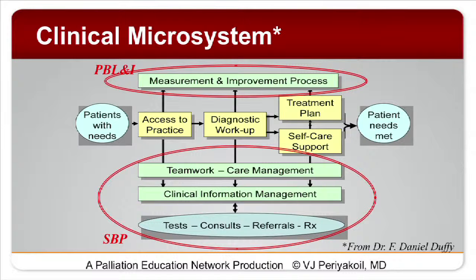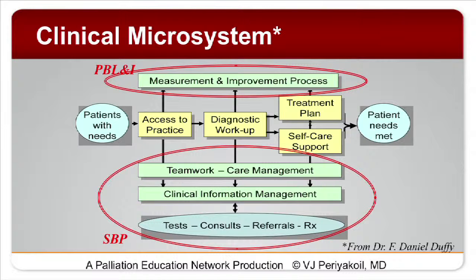And it's only through linking it with clinical information management systems and good teamwork that we can ensure that information gets back both to the care team and to the patient to ensure their needs are being met. And so an effective clinical microsystem integrates all of these activities seamlessly and effectively.